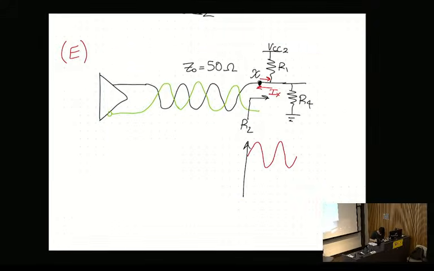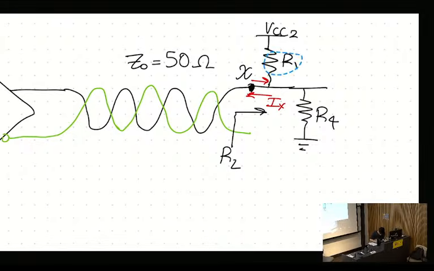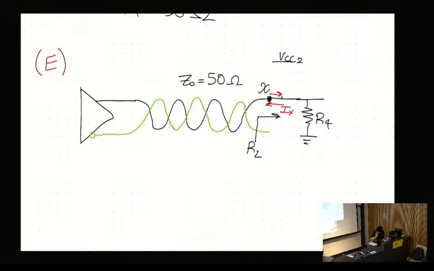So if R1 opens, that means it's gone. That's still node X. If it's open, what is the voltage at Vx now? What is that offset voltage? It's just purely ground, right? We don't have a voltage division anymore. It's now grounded. So implication number one, Vx is grounded.